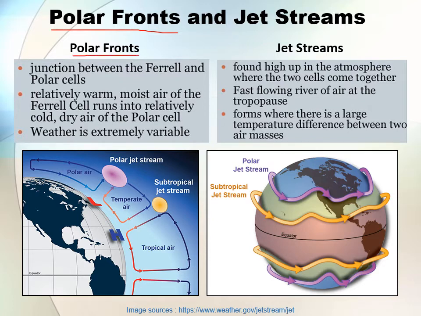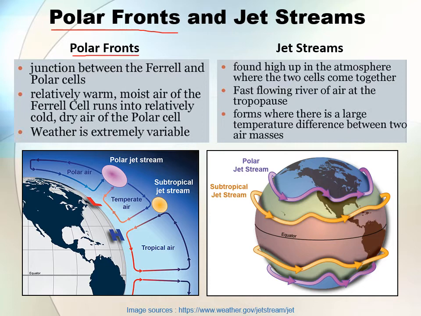A similar type of condition to the polar front, basically generated due to the collision of two different temperature winds, was also found to occur aloft, that is up in the atmosphere close to the tropopause.